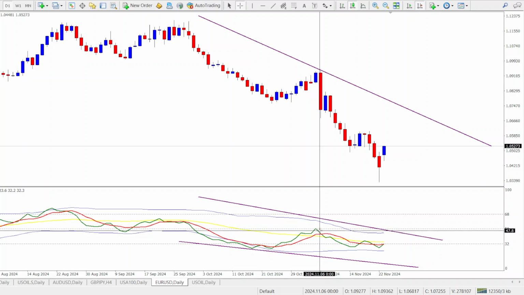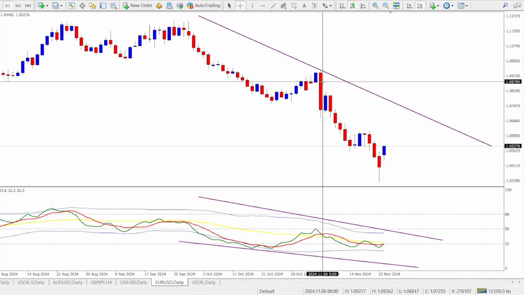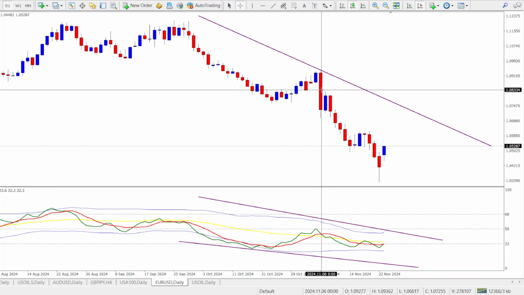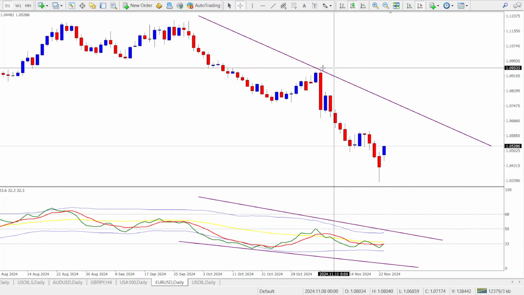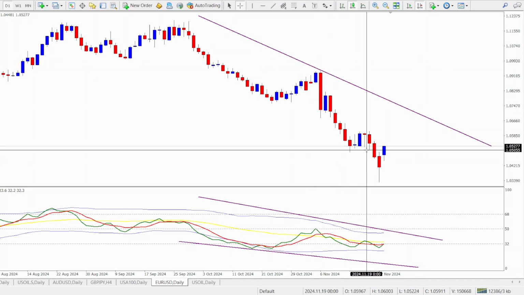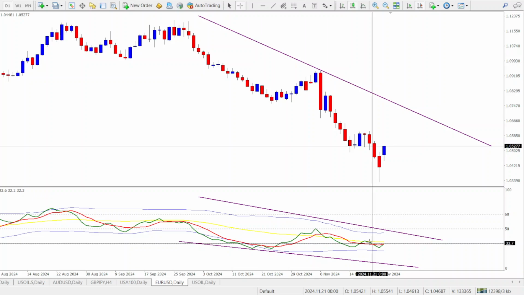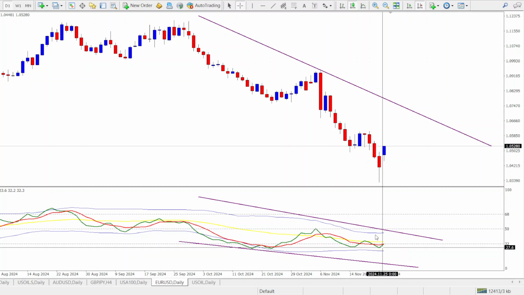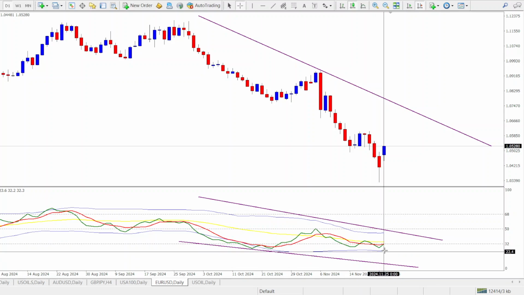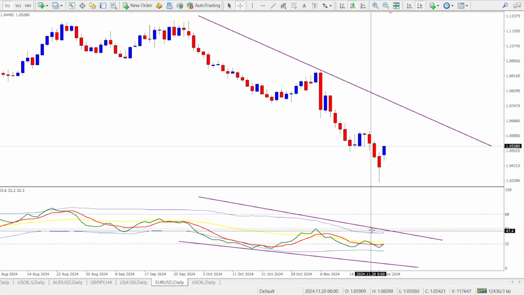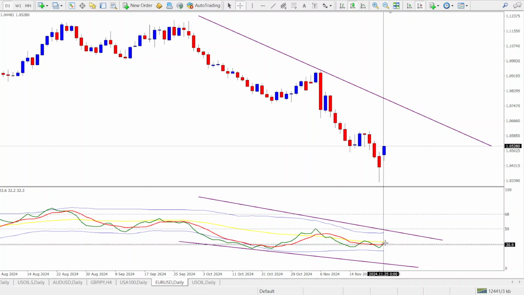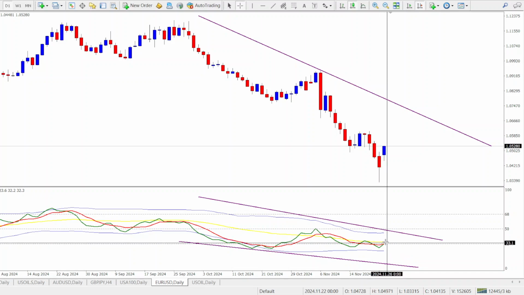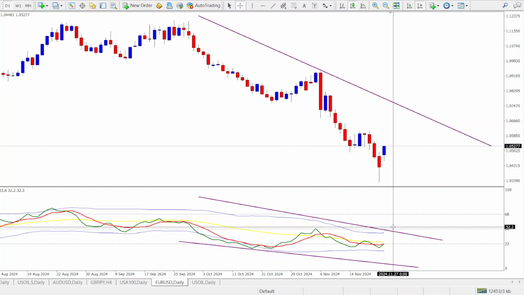For example, as this cross happened here, it would have been a good time to enter a sell, set stop loss above the swing high, and then for your take profit, you can wait not just for the green line and red line, but for the yellow line as well to start pointing upwards.